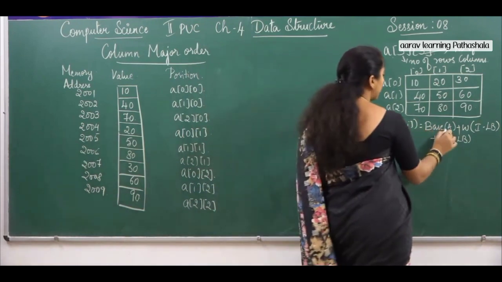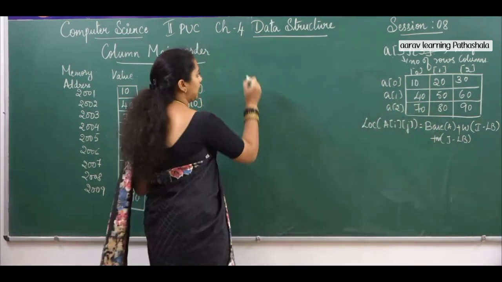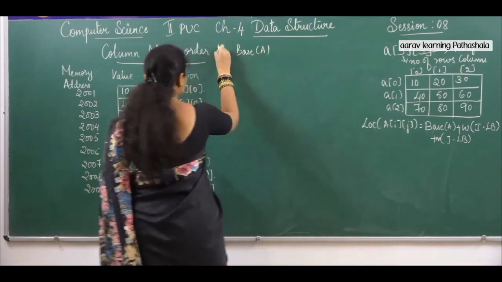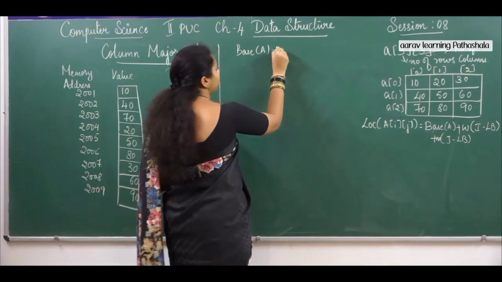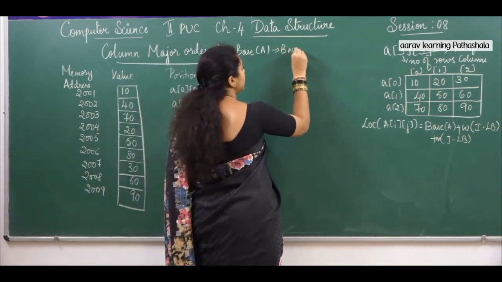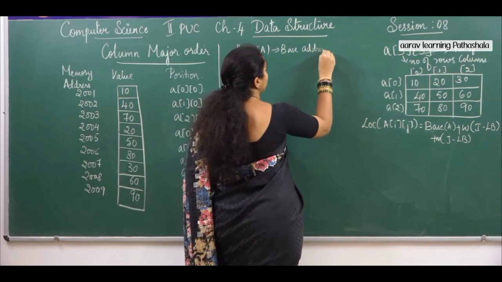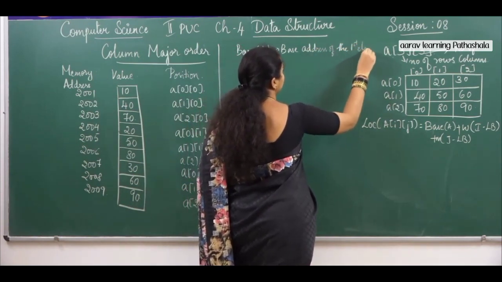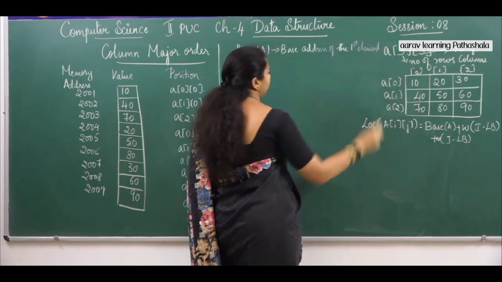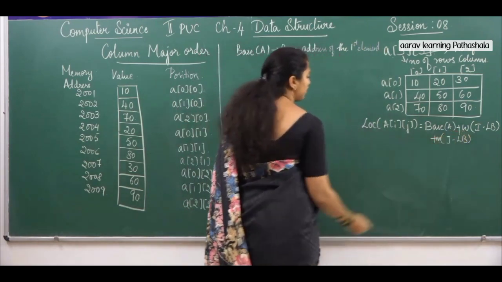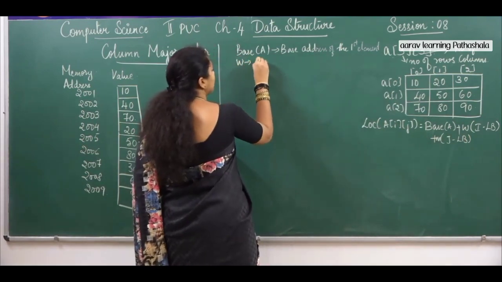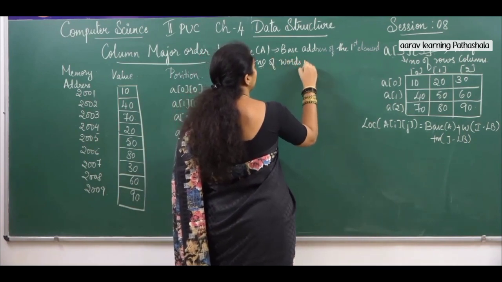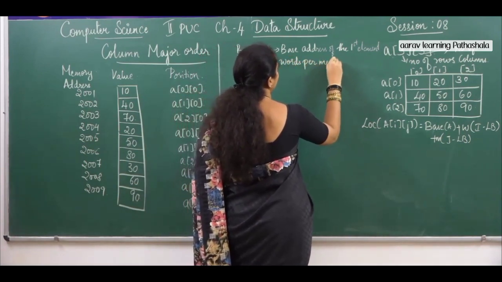So in this formula, the base of A represents the base address of the first element. And W represents the number of words per memory location.